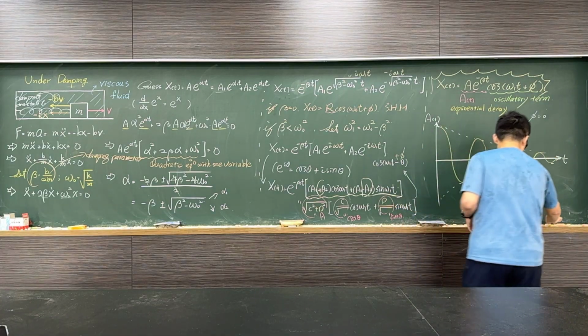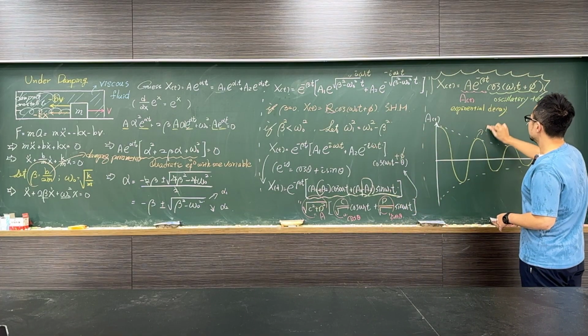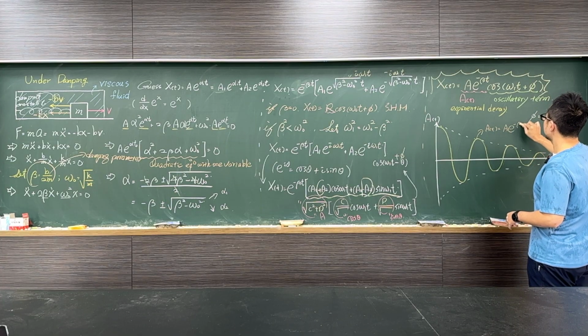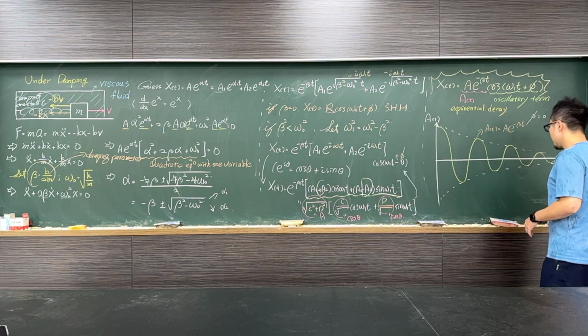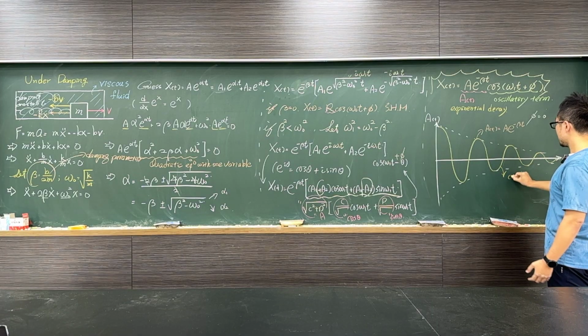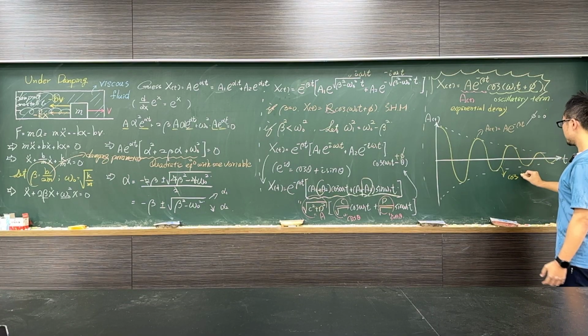The amplitude is actually A of t, and this is A times e to the power of minus beta t. For the oscillation, this oscillatory term is the cosine function. If phi is 0, this cosine function is cosine omega 1 t.